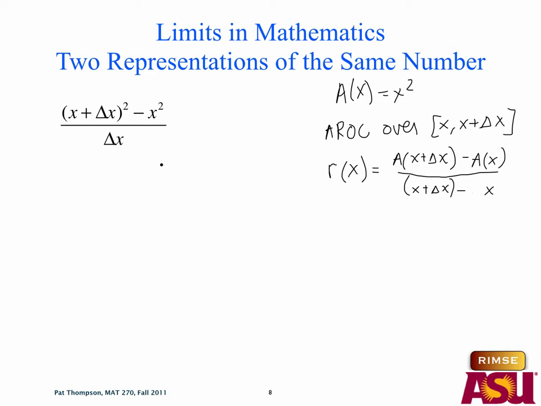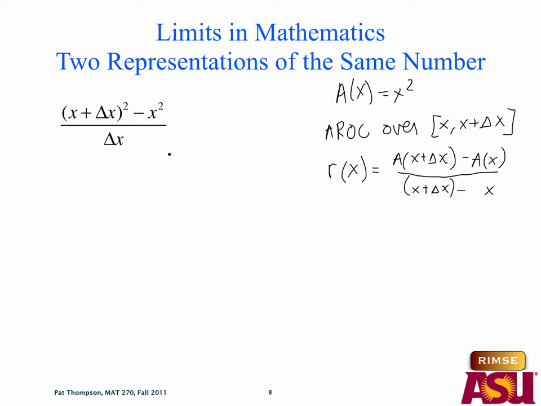So I could actually square this, right? When I square the quantity x plus delta x, what do I get? Is it x squared plus delta x squared?